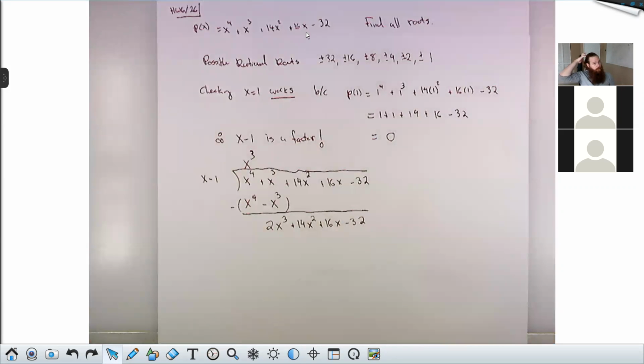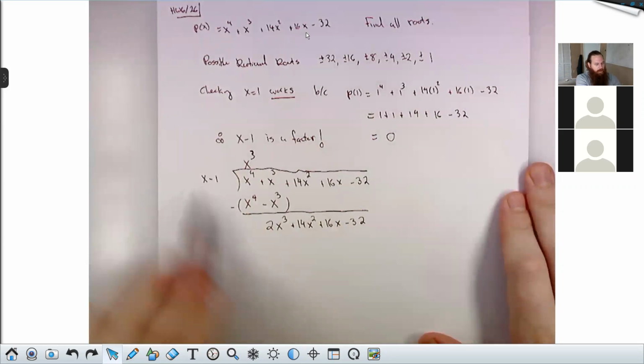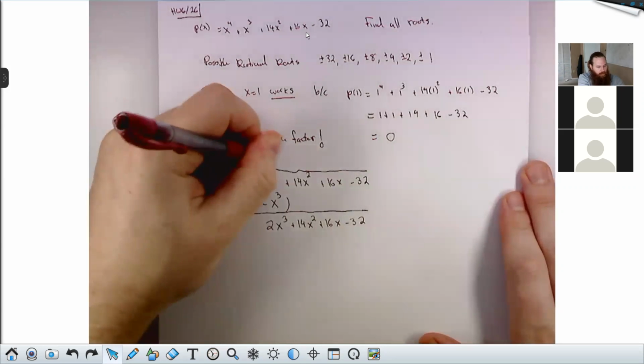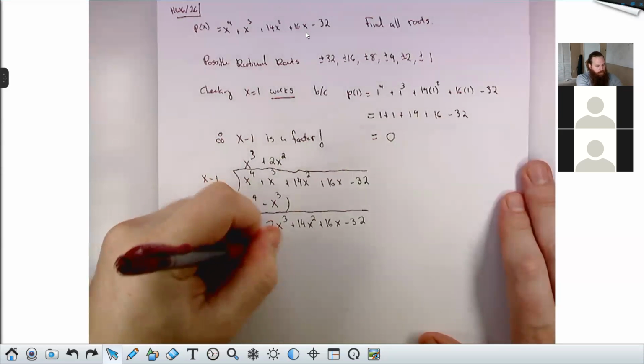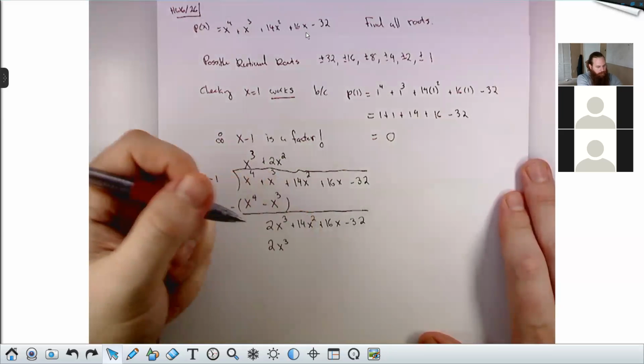And now I run back through that same loop. To turn x into 2x cubed, I would multiply x by 2x squared. And then 2x squared times x minus 1 is 2x cubed minus 2x squared.